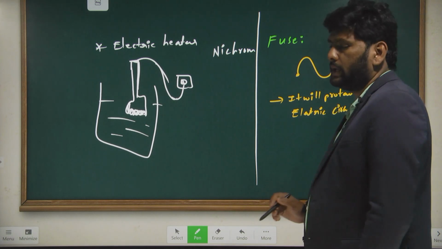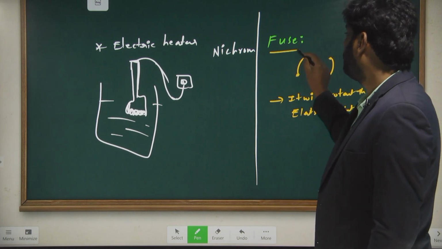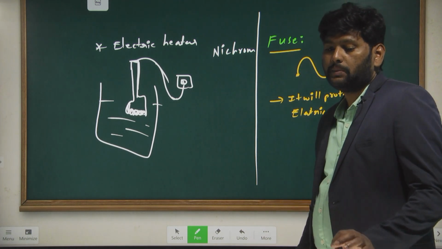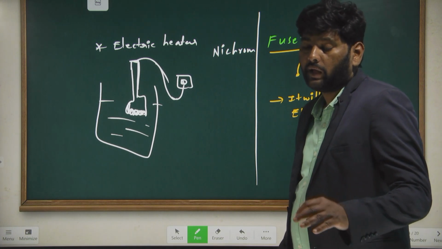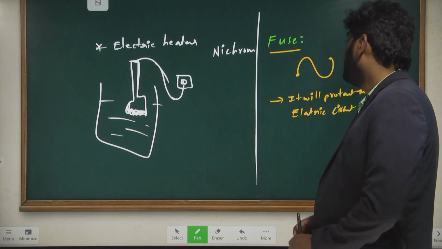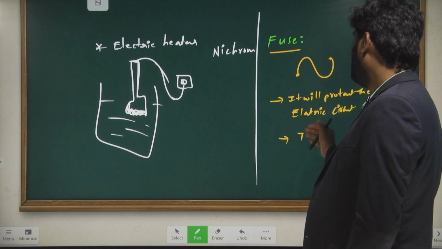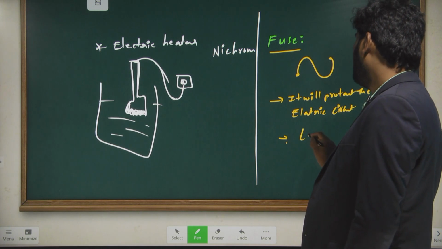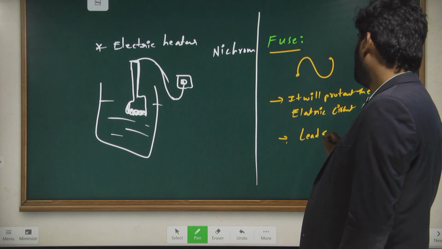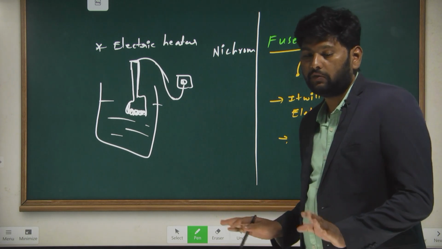How does it protect the electric circuit? It works on the heating effect of the electric current. Generally the fuse is made up of lead and tin material. It is an alloy, a combination of lead and tin.